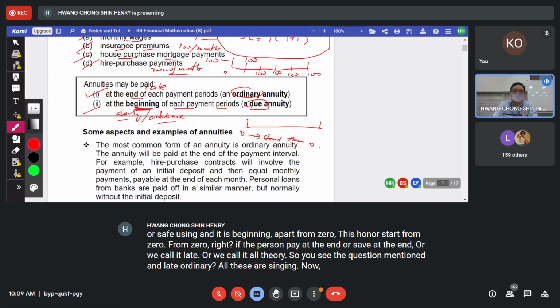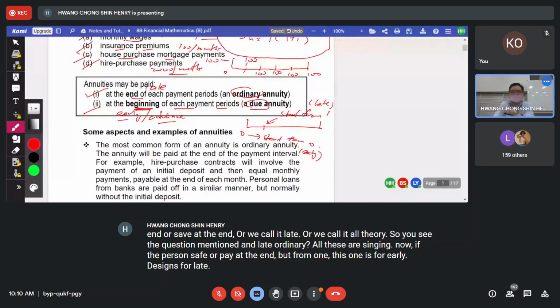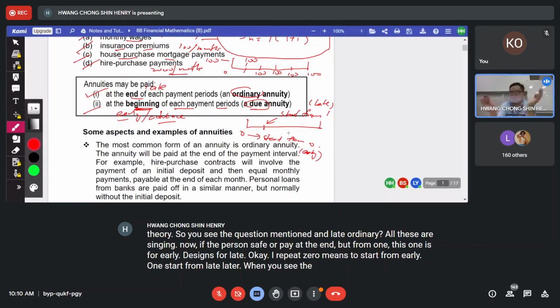Now, if the person saves or pays at the end, start from 1. This one is for early. This one is for late. Okay, I repeat, 0 means to start from early. 1 starts from late. Later when you see the line chart, you can see 1.